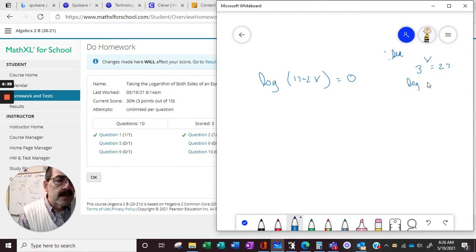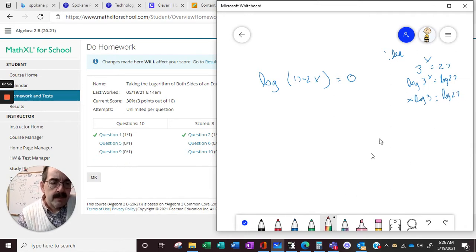We would take the log of both sides. By taking the log of both sides, it allows us to isolate the exponent. By taking the log of both sides, the exponent flies out.